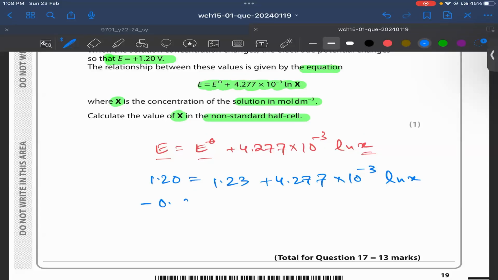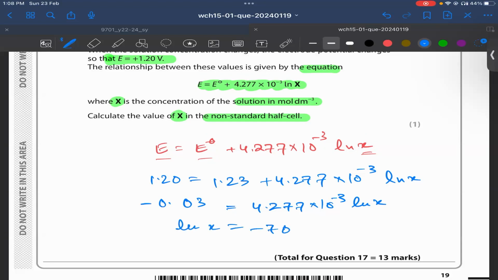Minus 0.03 is equal to 4.277 times 10 power minus 3 natural log of x. And then this value becomes minus 0.03 divided by 4.277 times 10 power minus 3. The natural log of x is equal to minus 7.014.